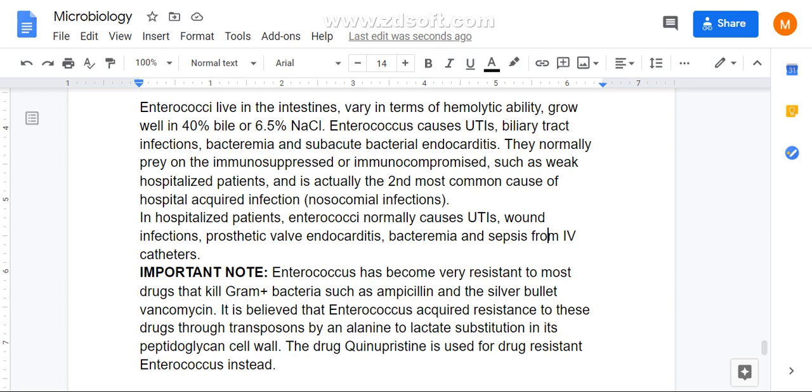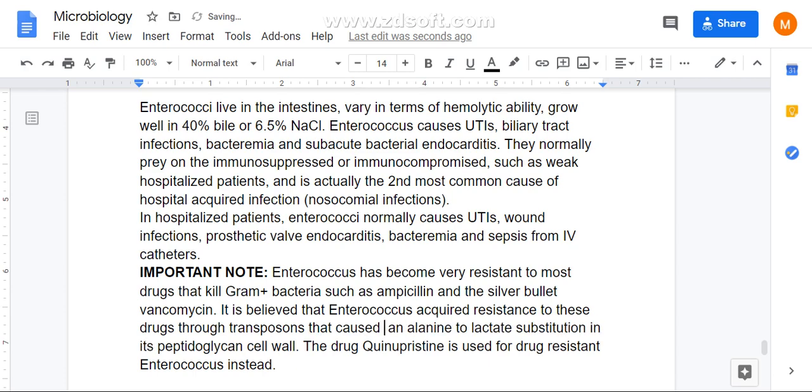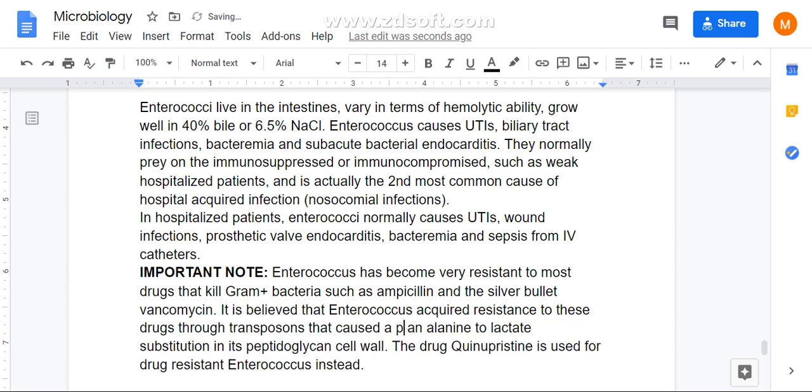They believe that Enterococcus acquired resistance to these drugs through a transposon insertion.